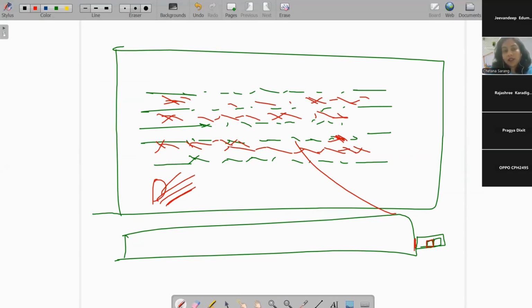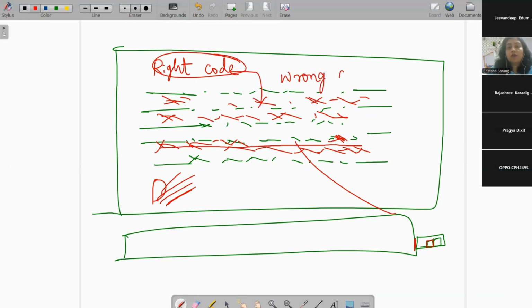So these are nothing but pieces of software code, which are hampering the effortless or seamless working of the right code. The right code is obstructed by the wrong code. The wrong code is called a virus.